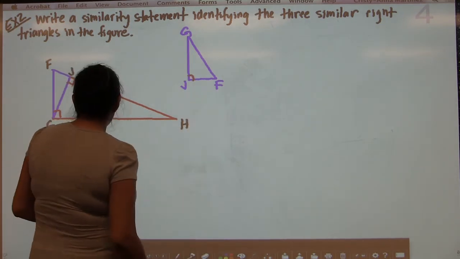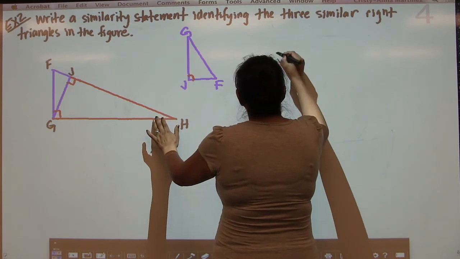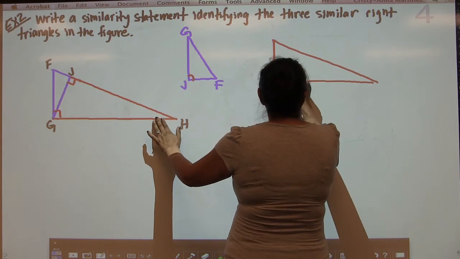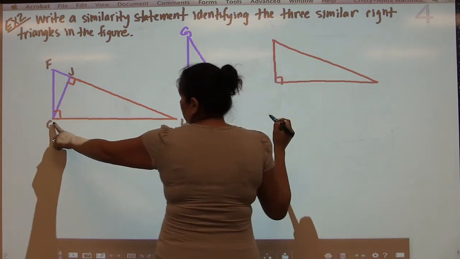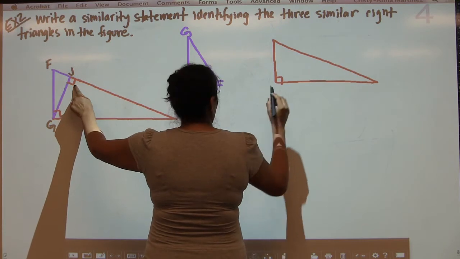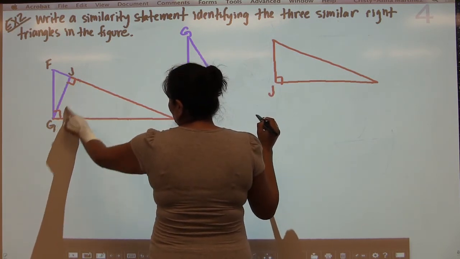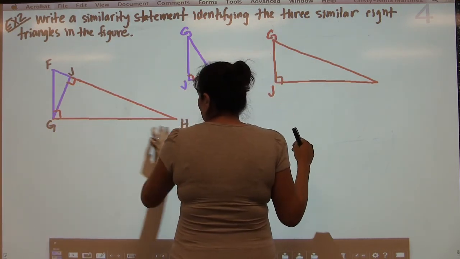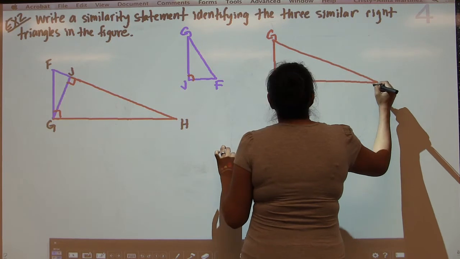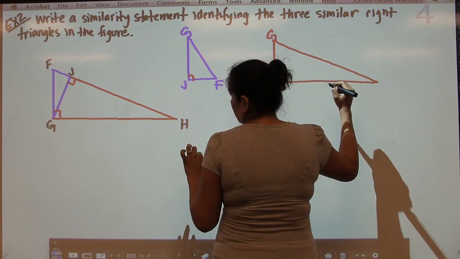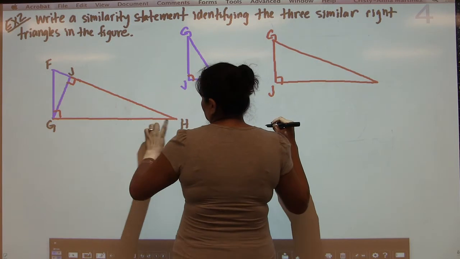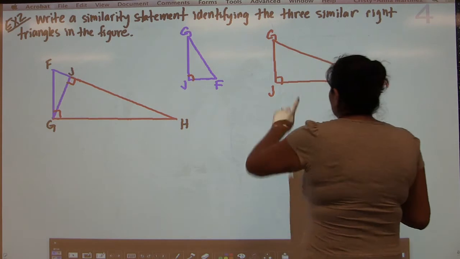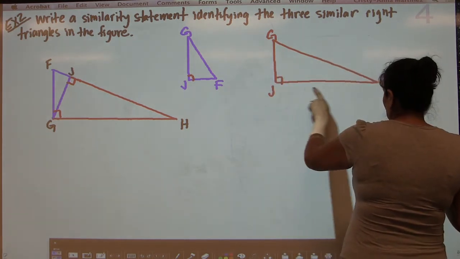And then if I take the other triangle, the red triangle, nice and color-coded here, the right angle of the red triangle is J, and the short leg is GJ, and the long leg is, I'm sorry, JH. The hypotenuse is GH. So there's H, and this is my hypotenuse, and this is my long leg.